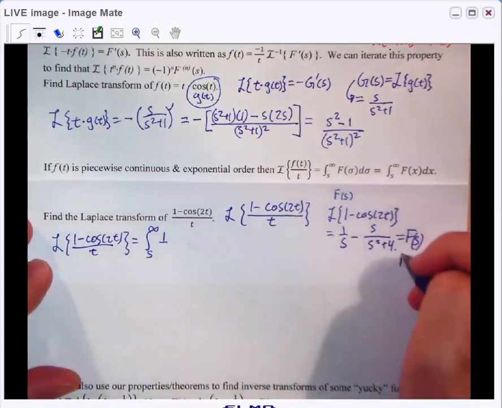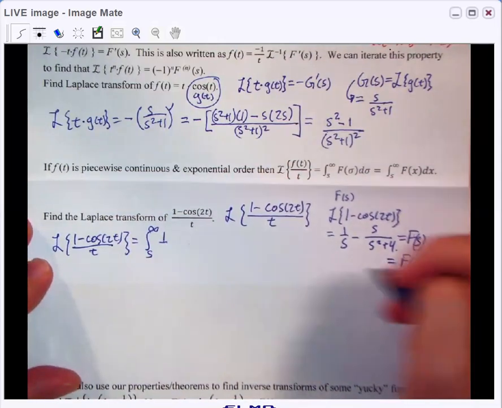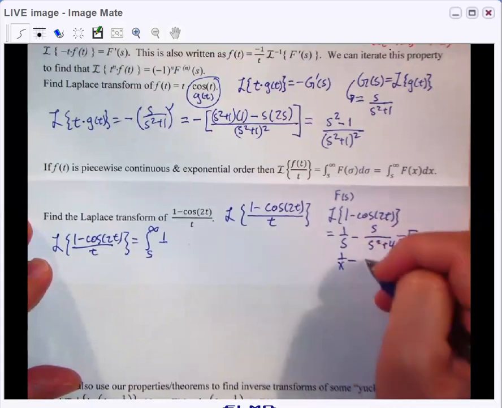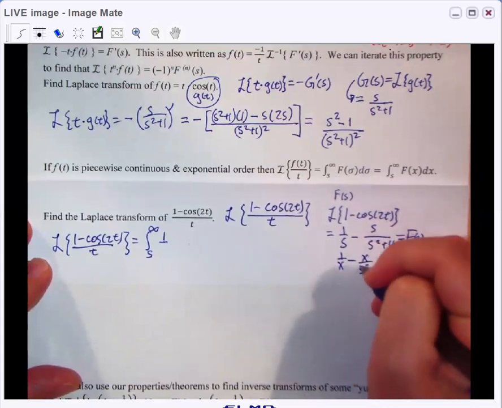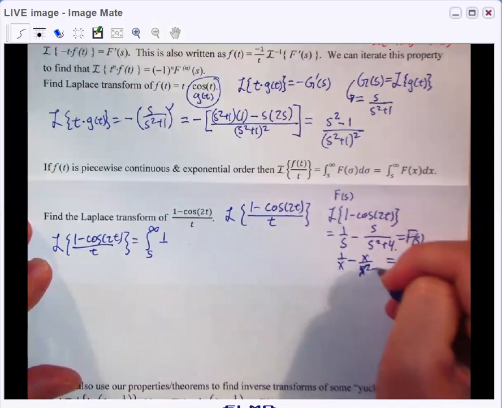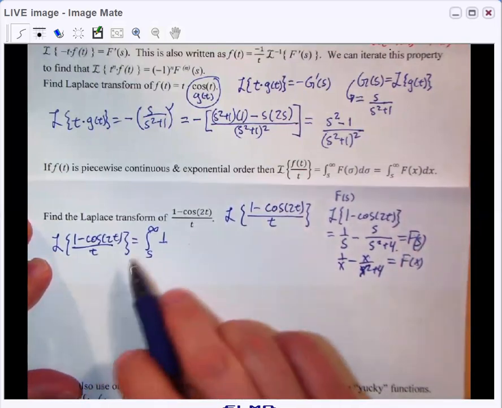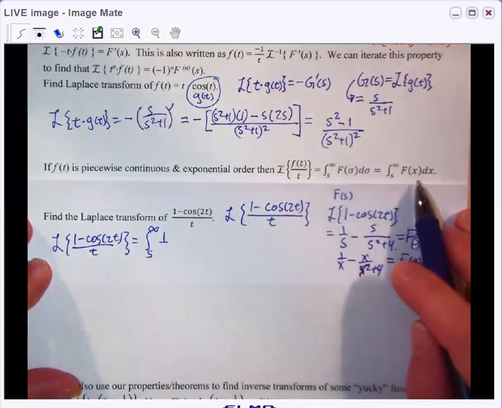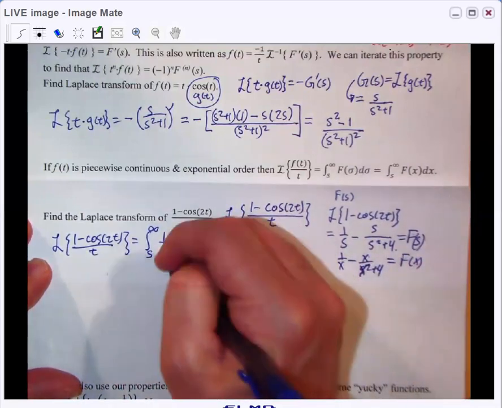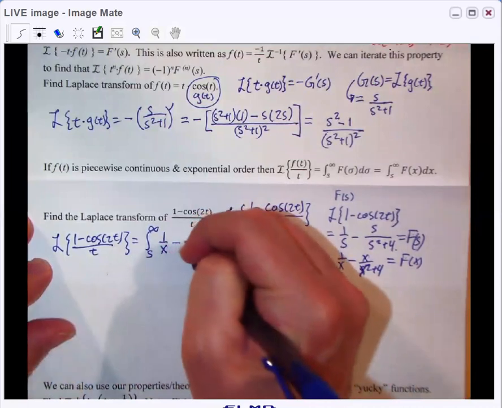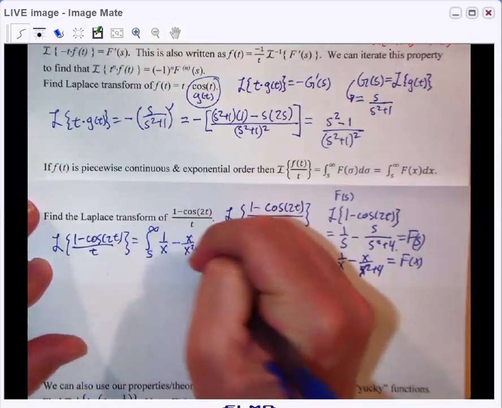So capital F of x would be 1 over x minus x over x squared plus 4. So we're going to have the integral of capital F of x dx, which is 1 over x minus x over x squared plus 4 dx.